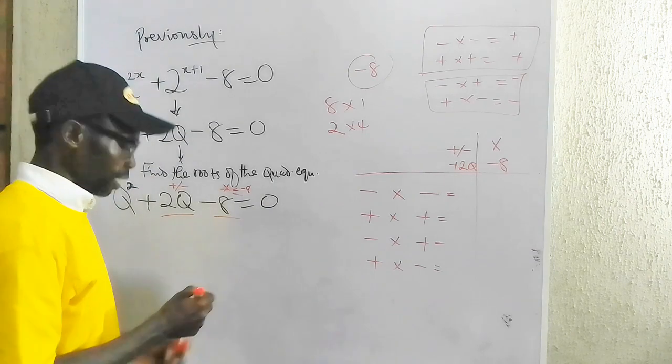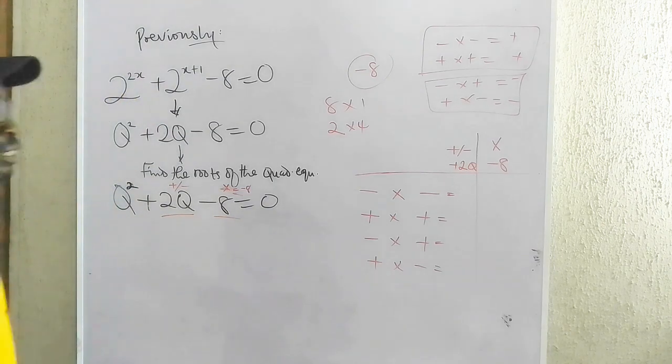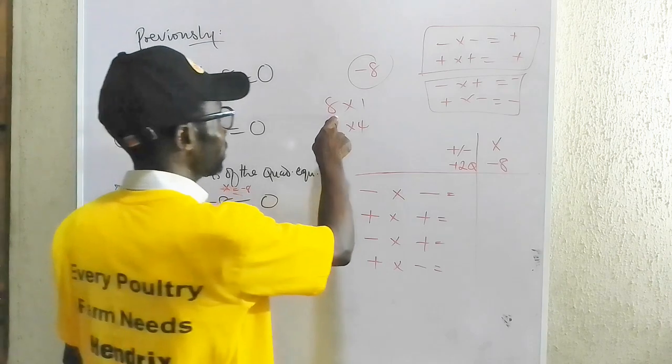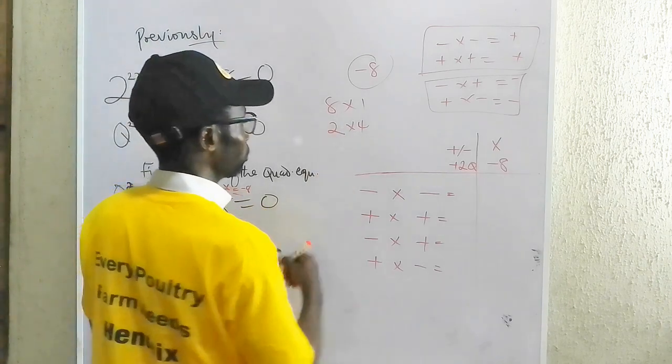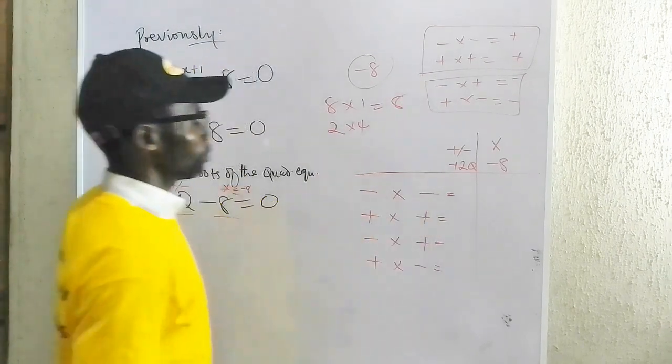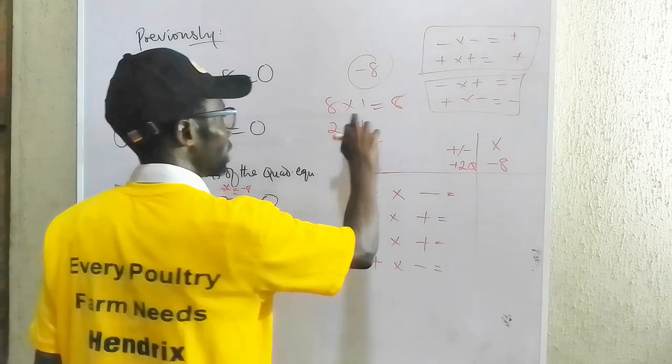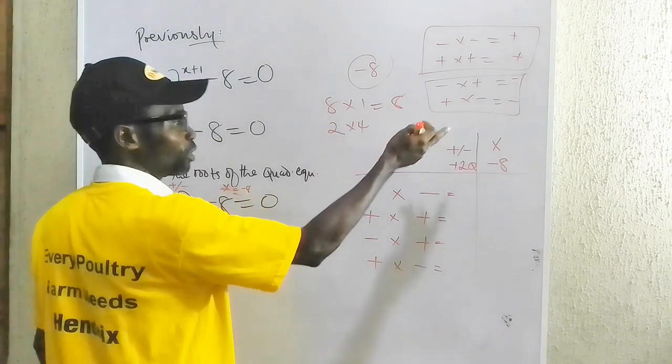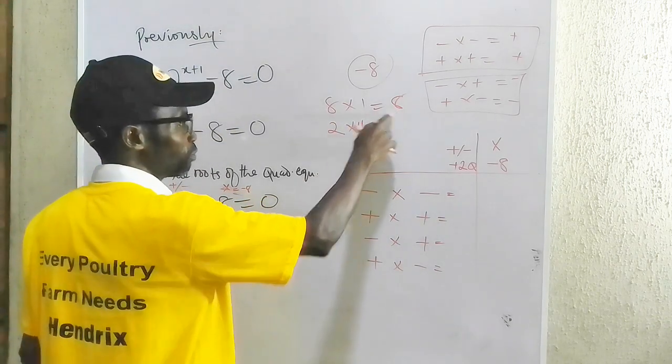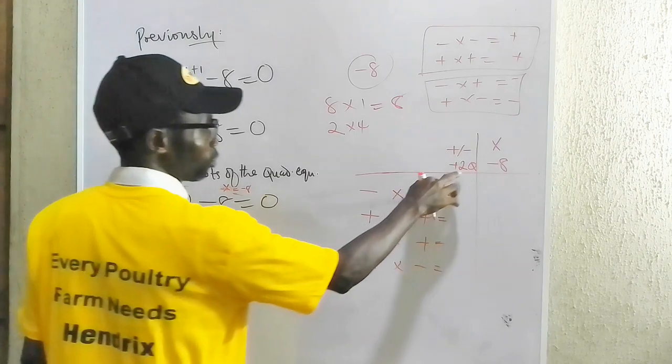Right? Now, let's see this. 8 times 1 will give you 8, right? But 8 plus 1 will give you 9, or 8 minus 1 will give you 7. So remember, what we're looking for is 2.